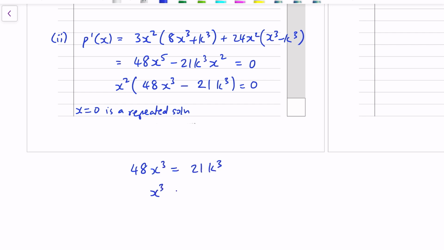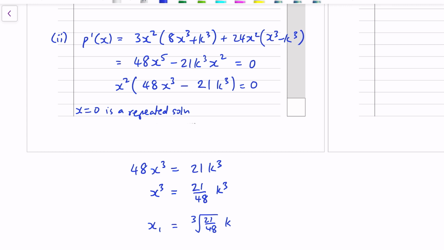Well, x cubed is 21 over 48 k cubed. And we do the same thing as we did before here. We cube root to find the first solution. So the real solution would be the cube root of 21 over 48 times k.